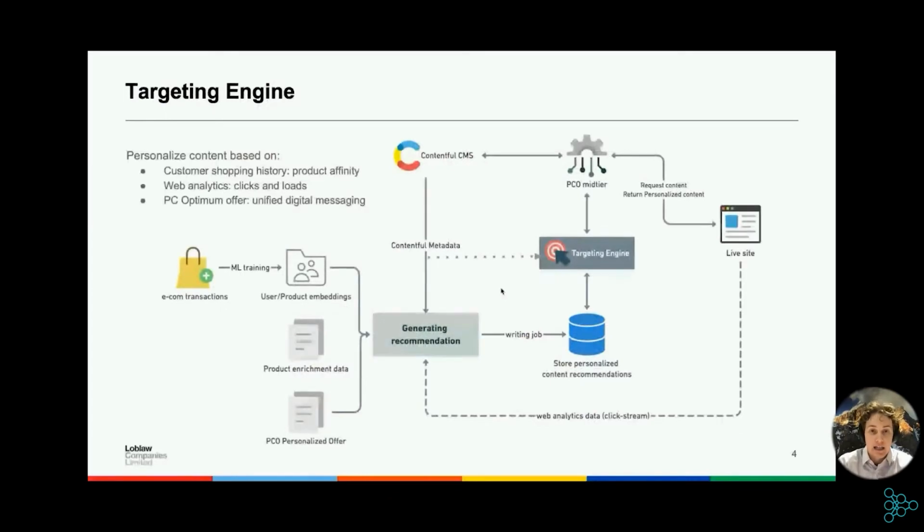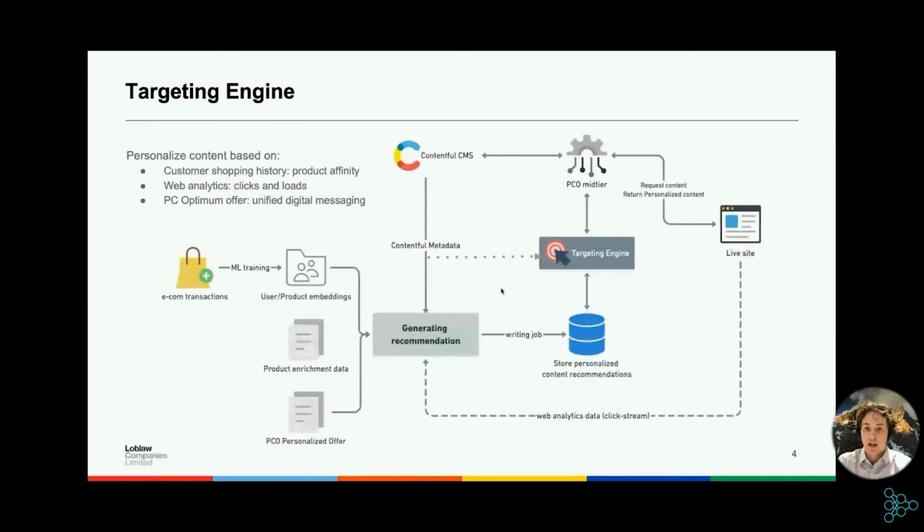The engine behind this personalized content is the targeting engine. As I said before, we personalize the content based on your customer shopping history, so what products you typically buy, your web analytics, so what you're clicking and loading on our front end, and the offers that we give you on PC Optimum. Then we generate the recommendations in the targeting engine and store those personalized content recommendations for the PCO mid-tier to grab when a user goes to the PC Optimum site.